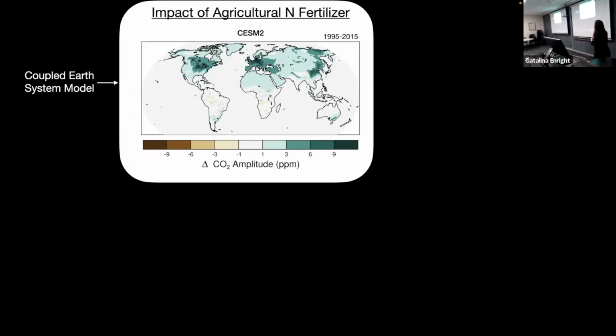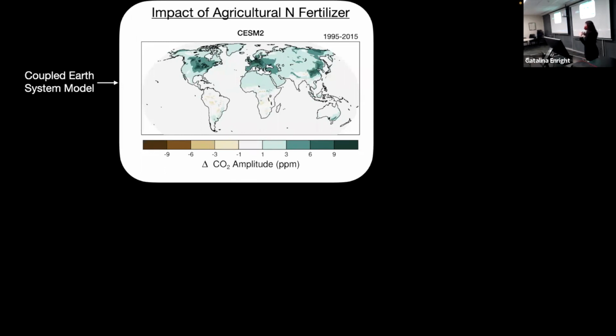This is the change in carbon dioxide amplitude, the change from peak to trough, in the Community Earth System Model. In these agriculturally dominated regions, you're getting an increase in CO2 amplitude of about 9 parts per million, which is a pretty large overall change in amplitude.